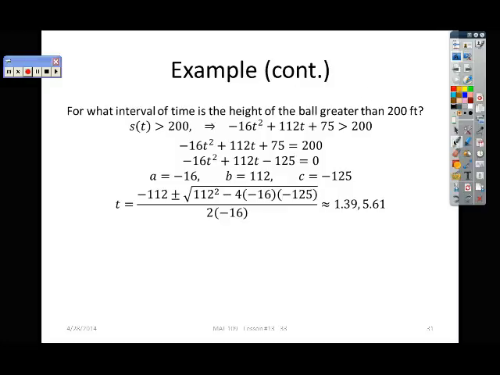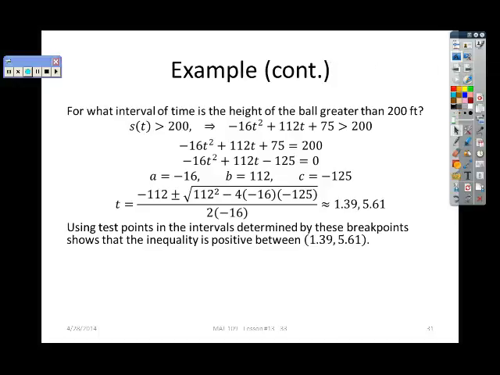So what you have is a parabola and a point. This is 200 feet. So it's the point where it first goes above and the point where it comes back down below. Everything in between, it was above 200. So you take those two numbers as the beginning and ending point of your interval of time.